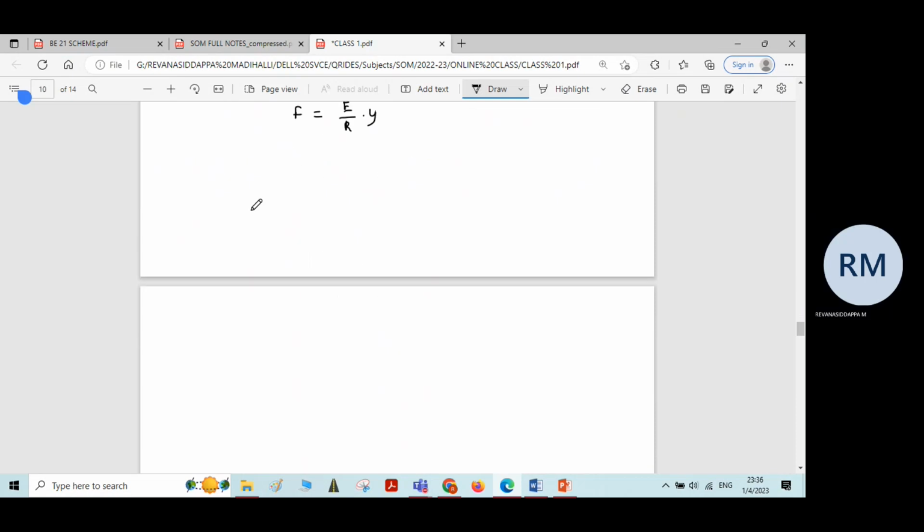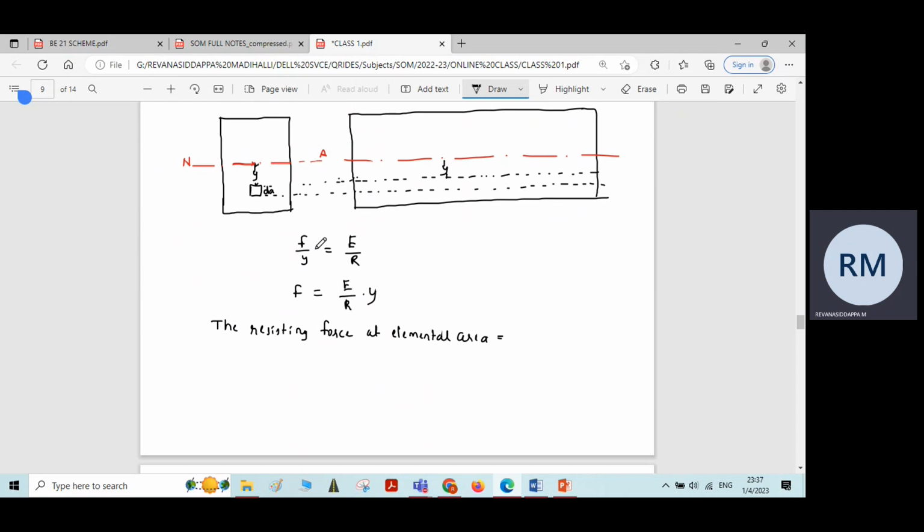The resisting force at elemental area is equal to a multiplication of stress into area of cross section of the elemental area.